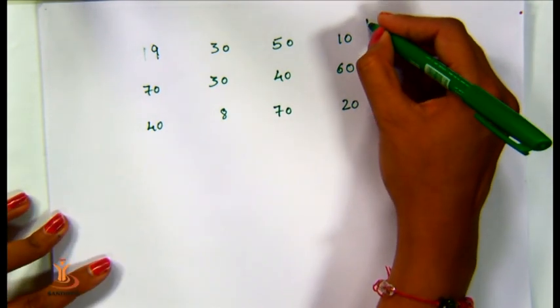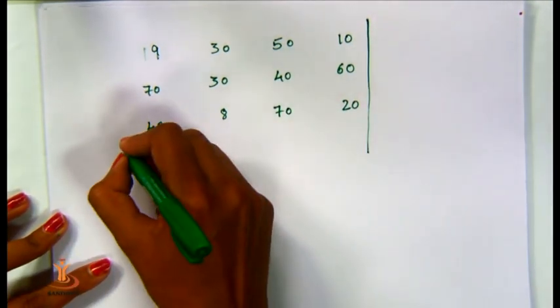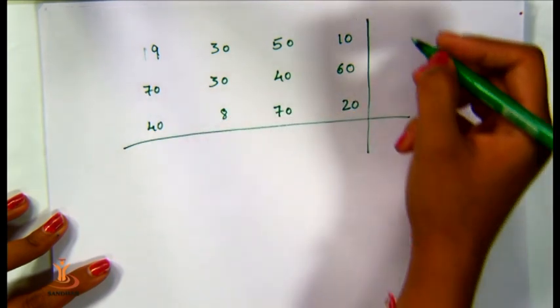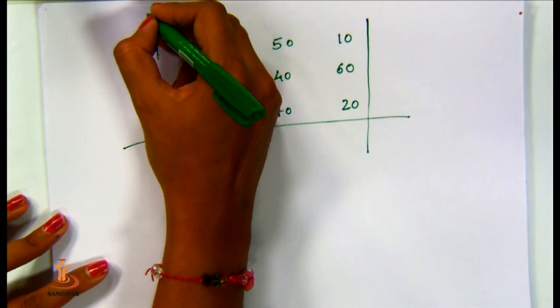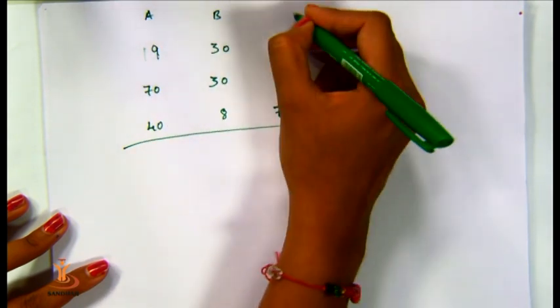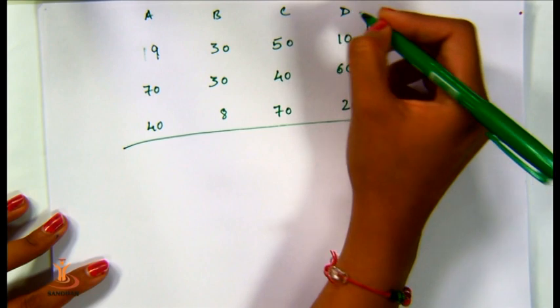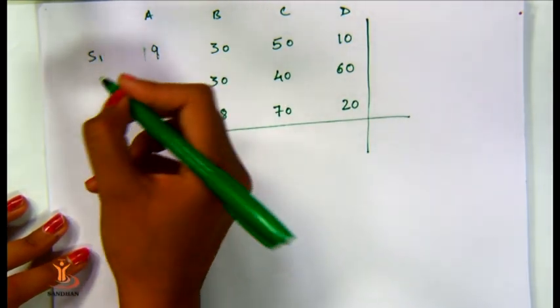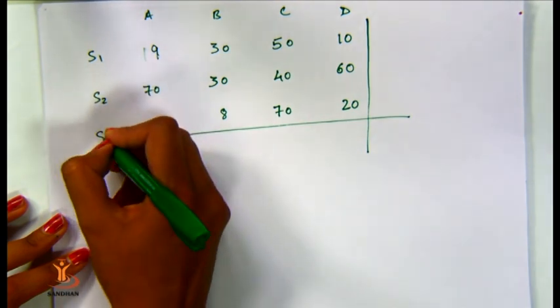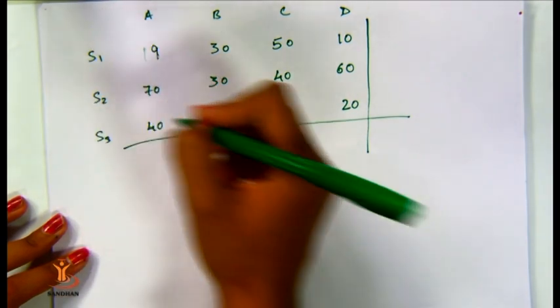These are the different transportation costs associated with each unit. Here we have different destinations: destination A, B, C, and D. Here we have different suppliers: origin 1, 2, and 3.